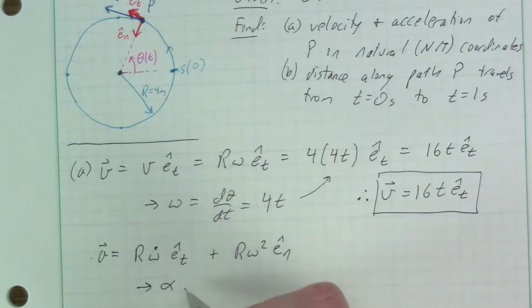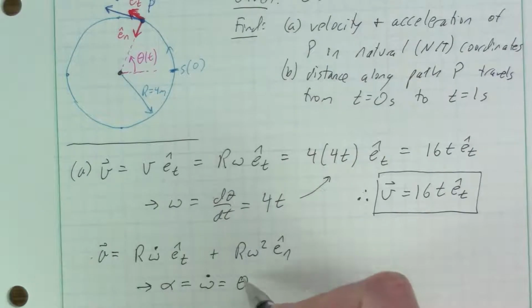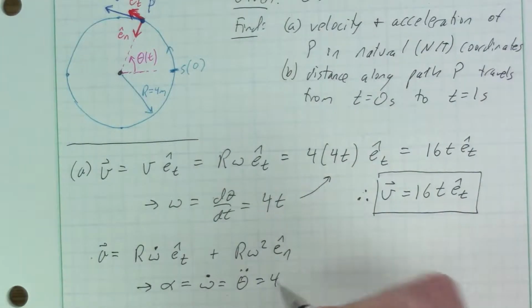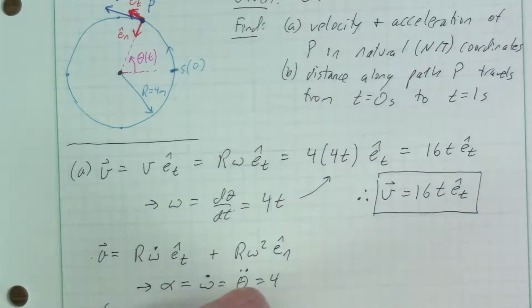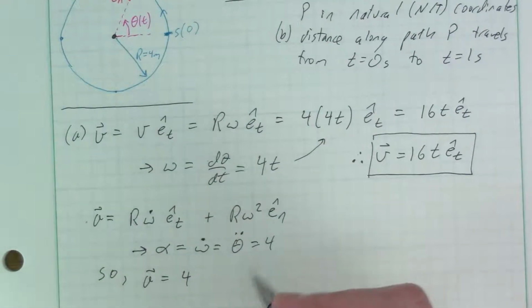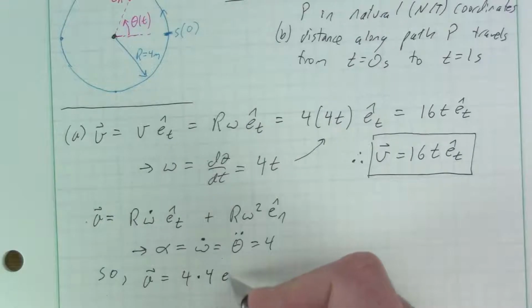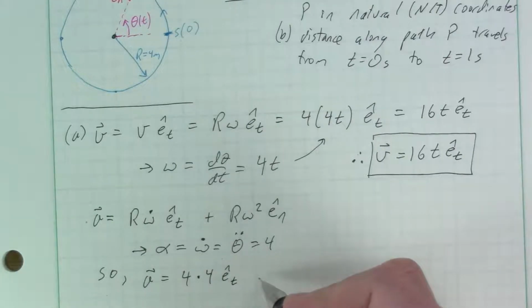Okay, so alpha, which is this omega dot, or theta double dot, we just take one more time derivative. That's just 4. That is a constant, so we're constantly accelerating as we go along. And I think that's it. Now we have everything. So our acceleration vector is going to be 4 for the radius, 4 for omega dot, so we're going to have 16 for our tangential component.